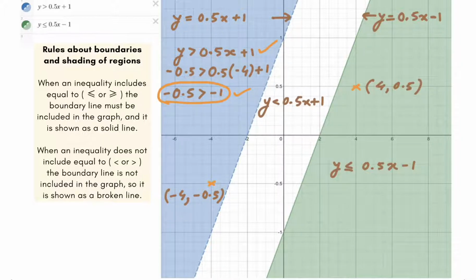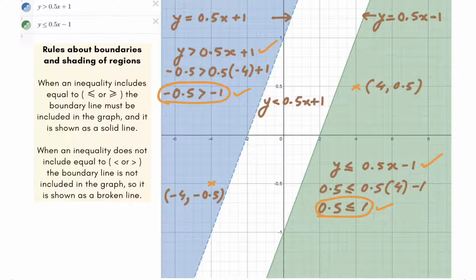We put the values of x and y into this, and so we get 0.1 less than or equal to 0.5 times 4 minus 1, which is 0.1 less than or equal to 1. Here, this statement is a correct statement, and so the inequality for this region is correct.